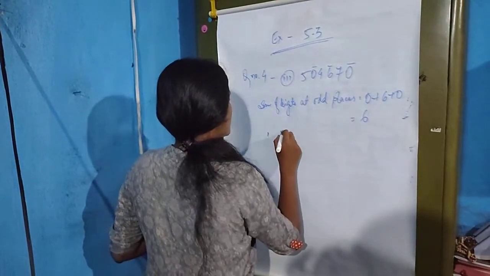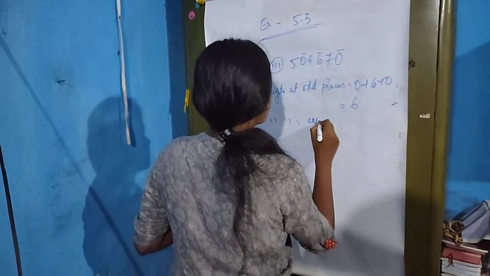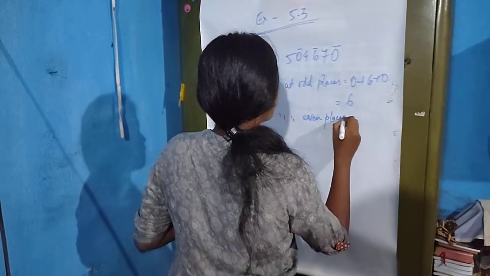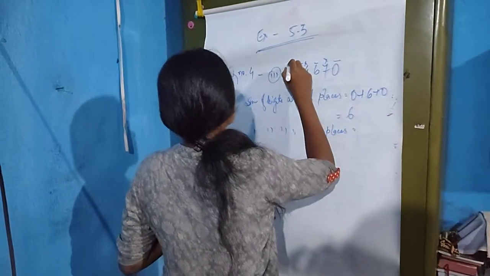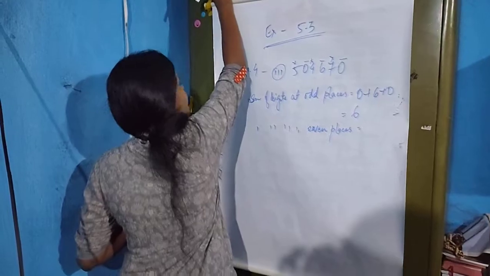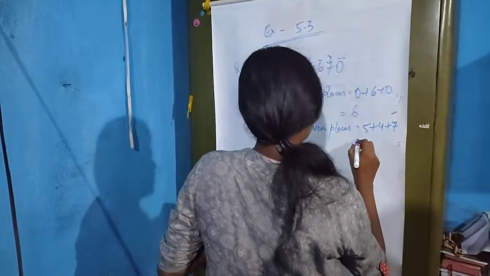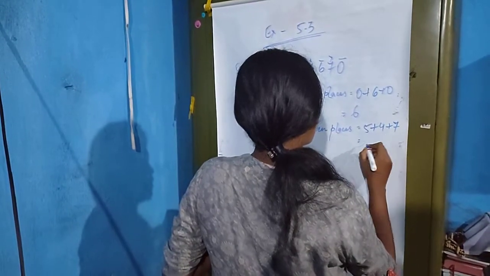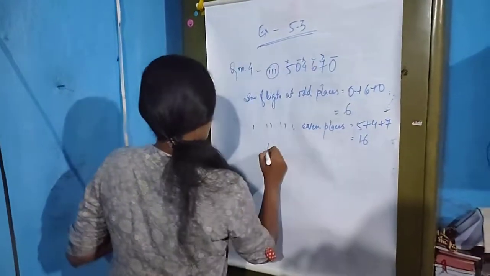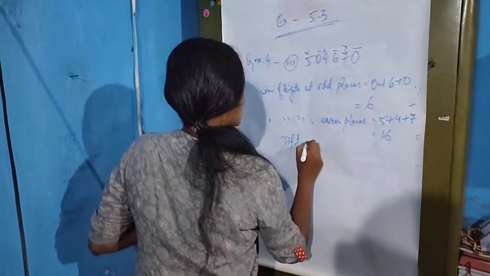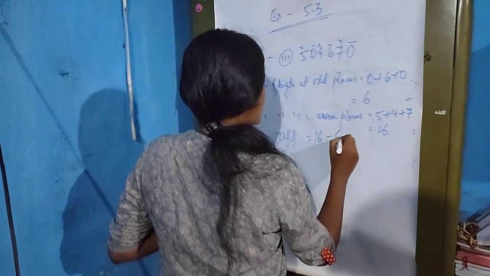Now find the sum of digits at even places. For even places you start from the tens place. So 5 plus 4 plus 7, that is 16. Now find the difference. The difference will be 16 minus 6, that is 10.